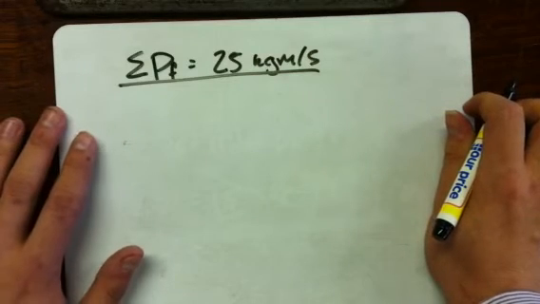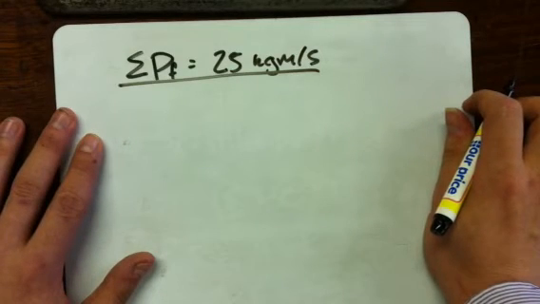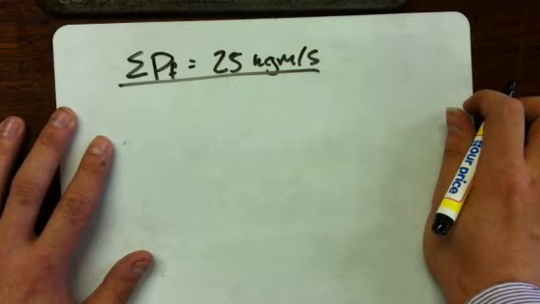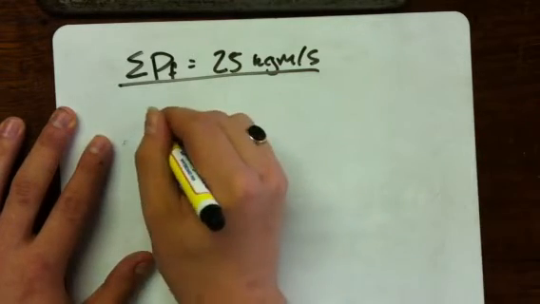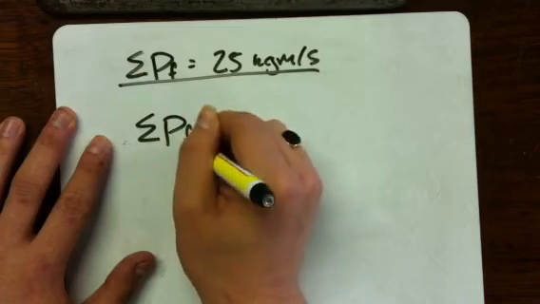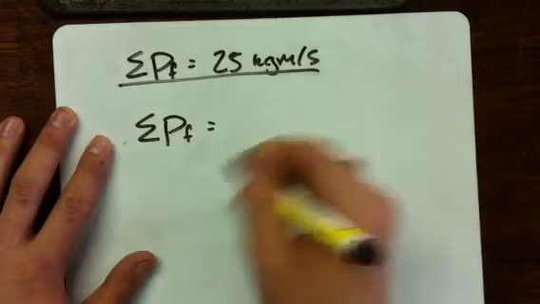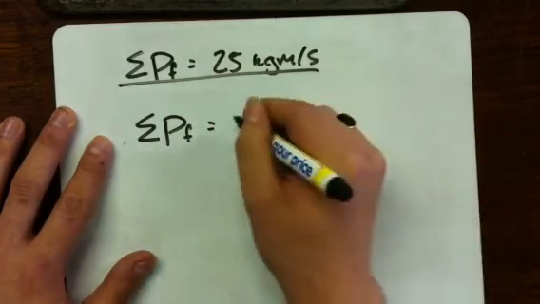So, now we're going to calculate the final velocity of object B, or B's velocity after the collision. So, we have the sum of final momentums. It's still a sum of momentums, except it's the final momentum, so it's the final velocities this time.